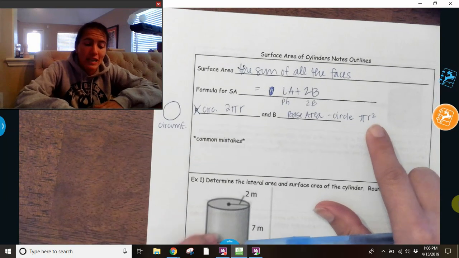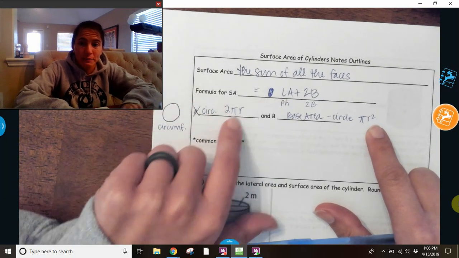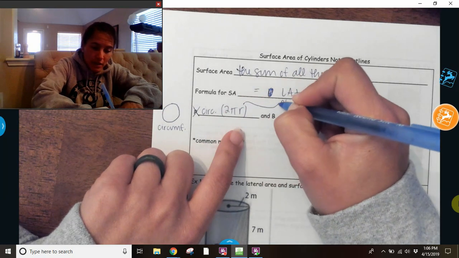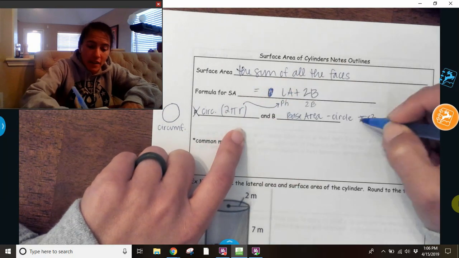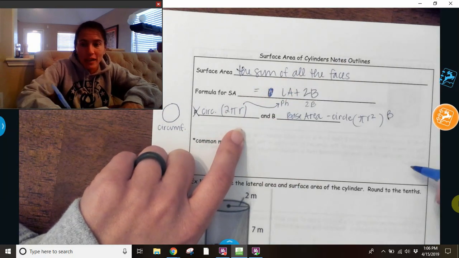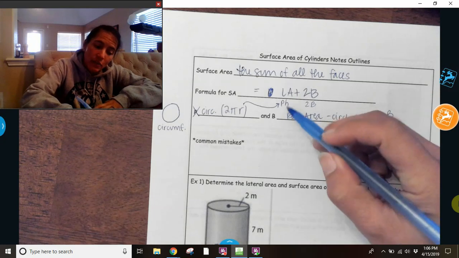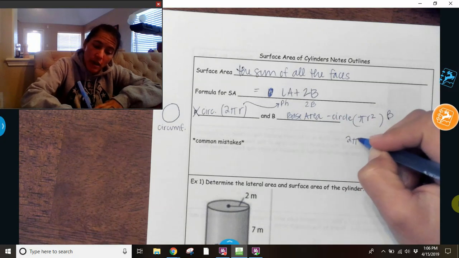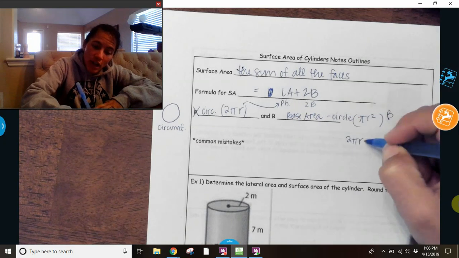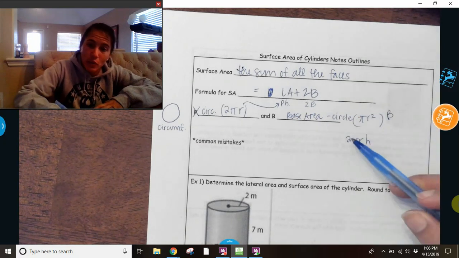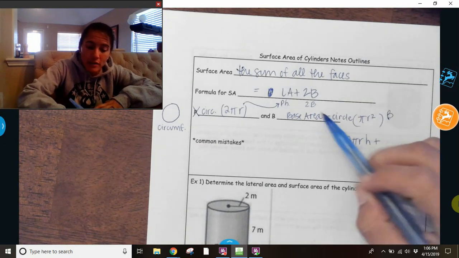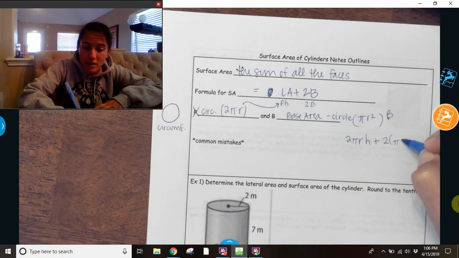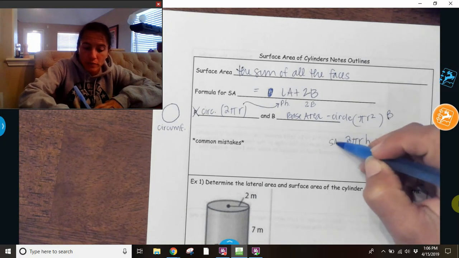And then when you put it all together, the lateral area, so this is the P, and this is the capital B. So when you put it all together, it becomes the perimeter, which is the circumference, 2 pi r, and then don't forget your h, because remember it's the perimeter times the height, plus 2, because there's two bases, times pi r squared.